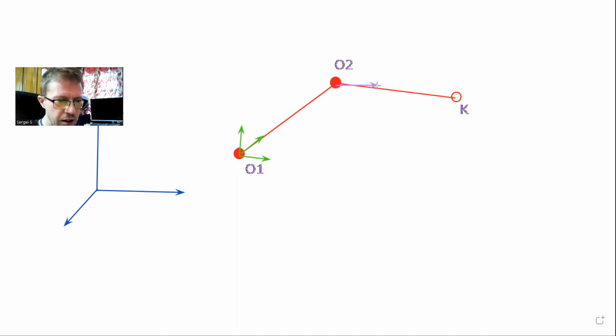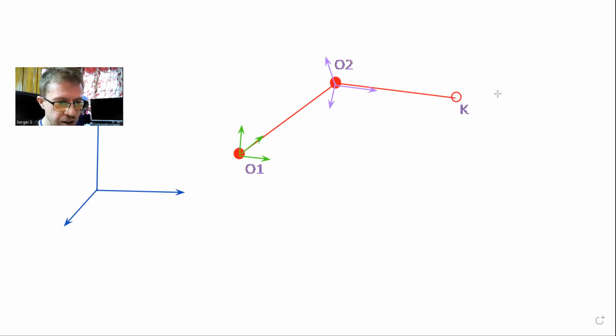Let's say it is kind of like this. Okay. They are all orthonormal. I draw them kind of iffy, but they are all orthonormal.